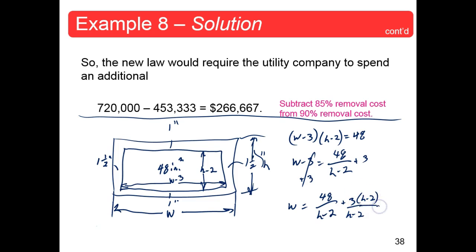Okay. And what you have then is 48 plus 3H minus 6 over H minus 2, and this would be 42 plus 3H over H minus 2. Okay. Now, that's your width. Okay. Your height is H. So this times this is the thing that we want to minimize.